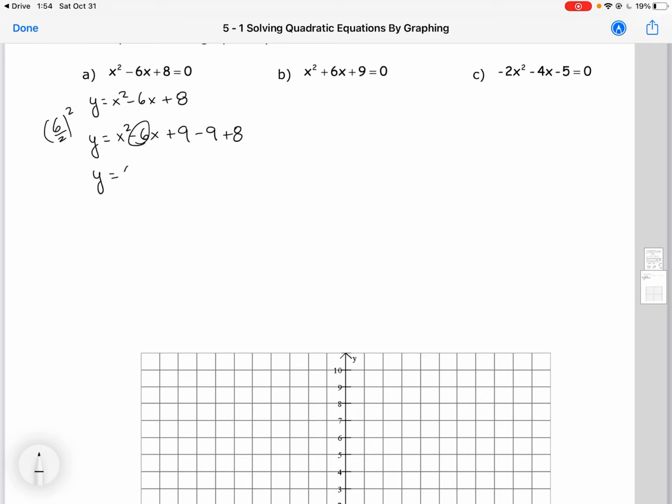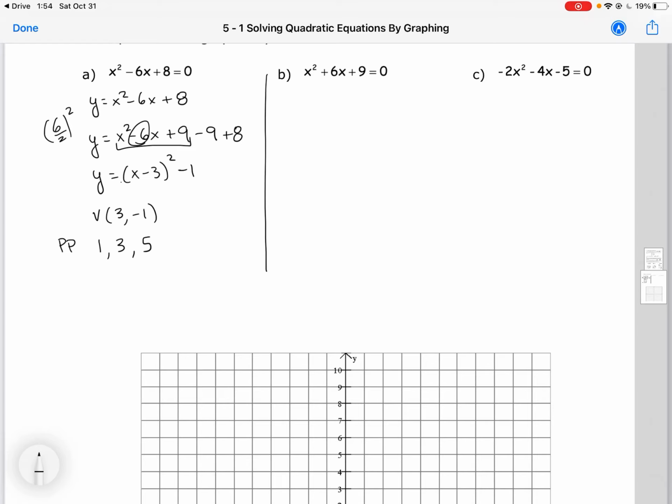So I can rewrite this as x minus 3 all squared, which is these 3 terms as a perfect square, and then minus 1. So then my vertex is going to be 3, minus 1, and my point pattern, because my a value is 1, is just over 1, up 1, over 1, up 3, and over 1, up 5.